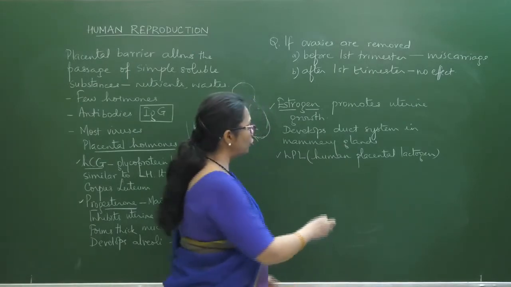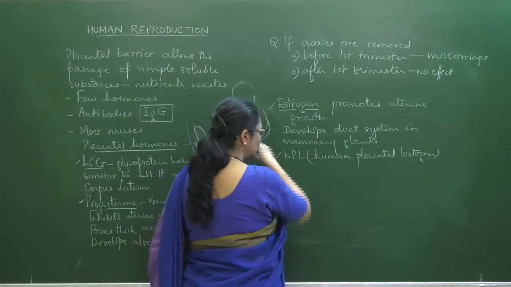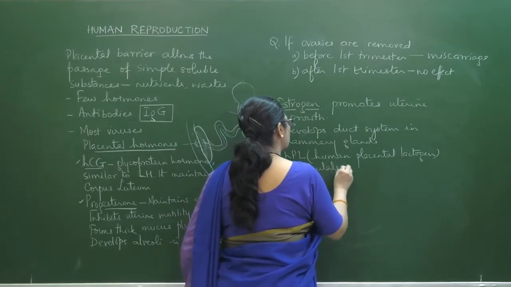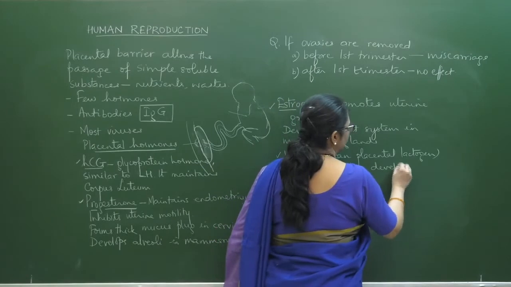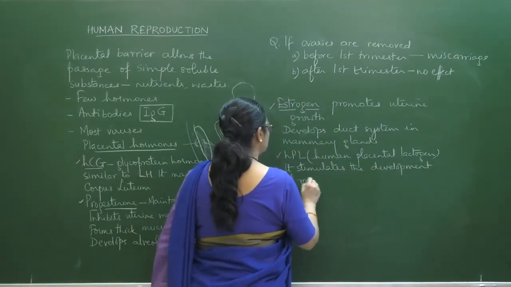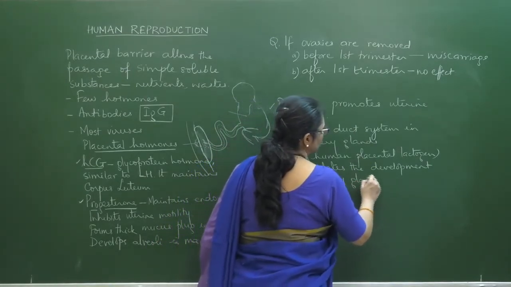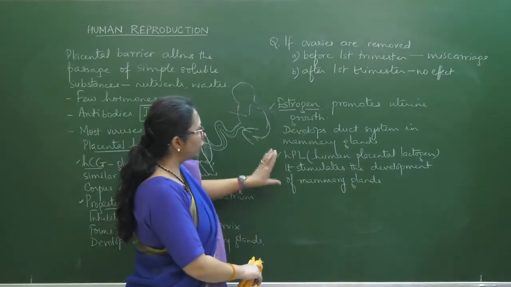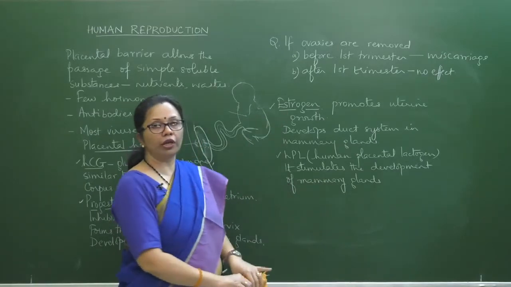So in this case, what this human placental lactogen is doing is that it stimulates the development of mammary glands, right? Actually, it is first activated by HPL, and then estrogen and progesterone can have their effect.